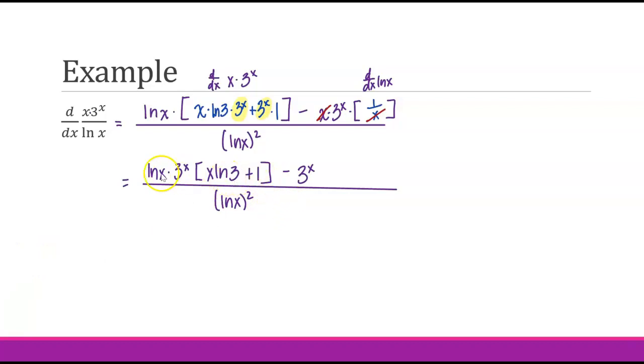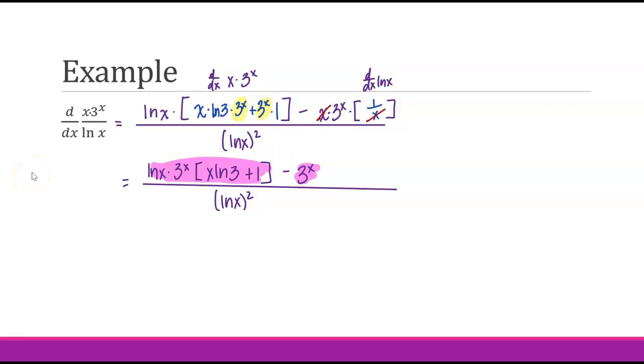Okay, so now this is all one term. Let's see if I can switch some colors here. All of this is one term, and then this is one term. So they're separated by subtraction, so we can look at them as one term and one term. So what do they each have in common as a factor? They both have a 3 to the x in common.